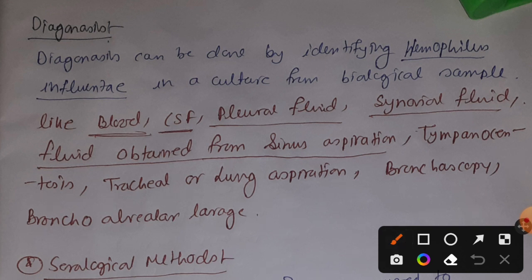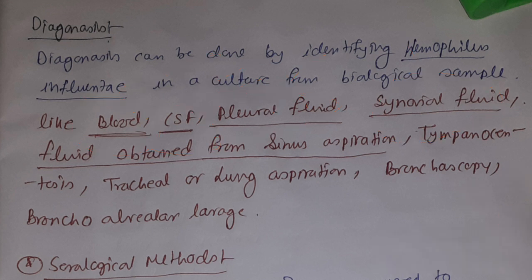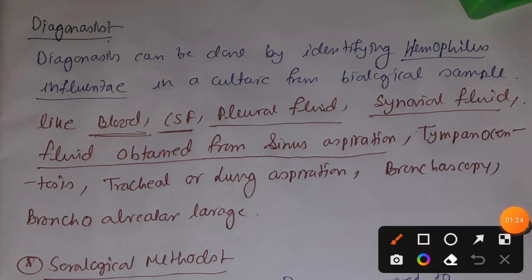So if we grow a culture from a sample from blood, CSF, pleural fluid, synovial fluid, fluid from sinus aspiration along with tympanocentesis, tracheal or lung aspiration, bronchoscopy or bronchoalveolar lavage, that means we are taking a sample from the infected area and growing it in an appropriate culture medium.